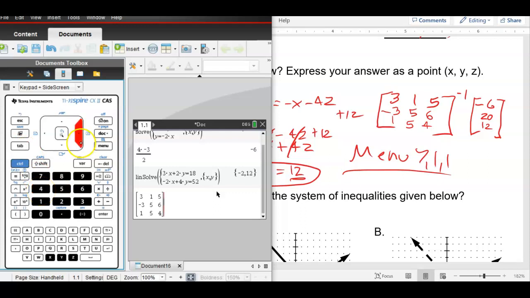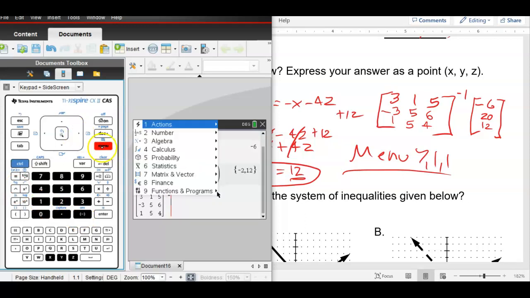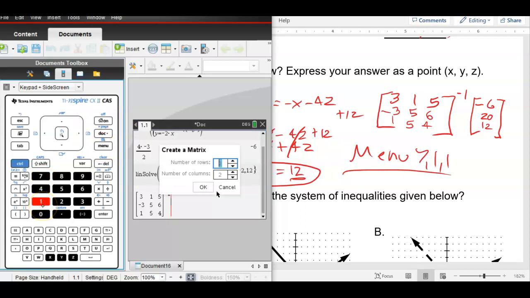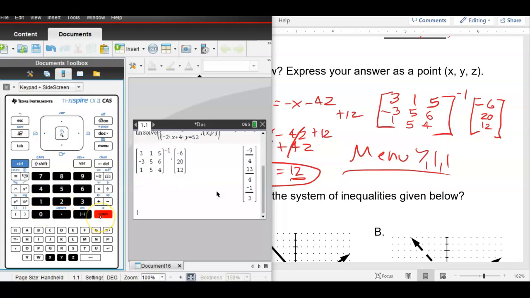Okay, I go to the right and I hit caret -1. I go to the right and now I'm going to do menu 7 1 1 again. I need to do a 3 by 1 matrix, and then -6 tab 20 tab 12. If I type it in correctly.